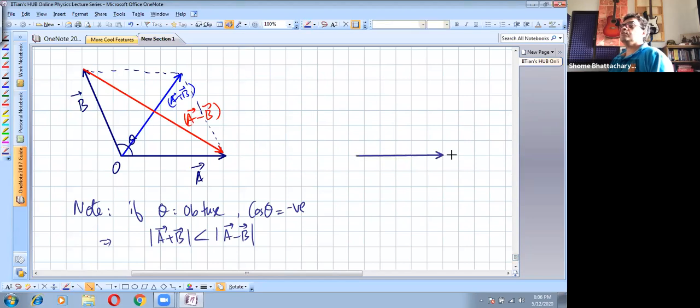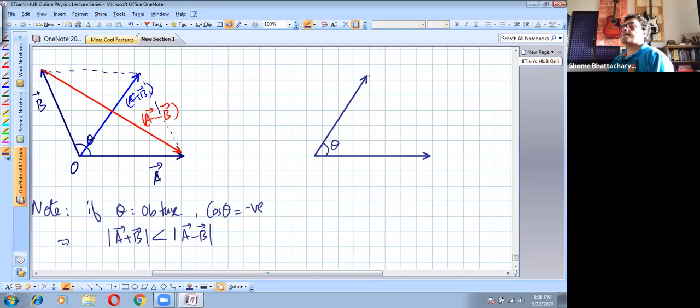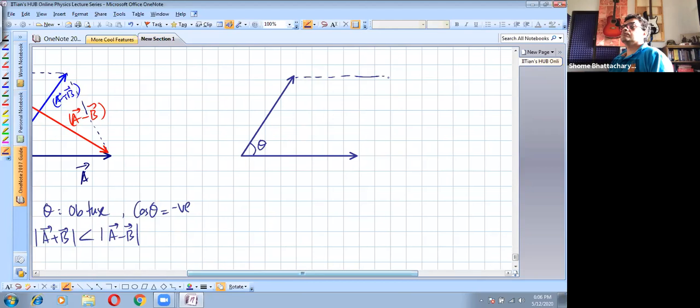then your vector parallelogram looks like this. So it is the primary diagonal which is the longer one. So in this kind of situation, A plus B will have a larger magnitude and A minus B will have the shorter magnitude.